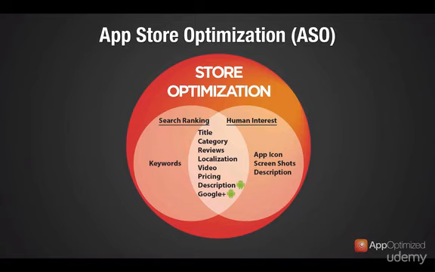And the second goal is we're trying to make sure that when people see our app icon or our title, that we're also enticing them to look more into our app and also to download it. And so these are the factors that influence both of those types of things. And hopefully this slide gives you a great idea of how and what influences those two categories.